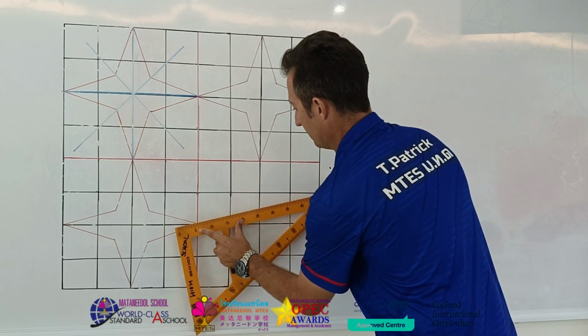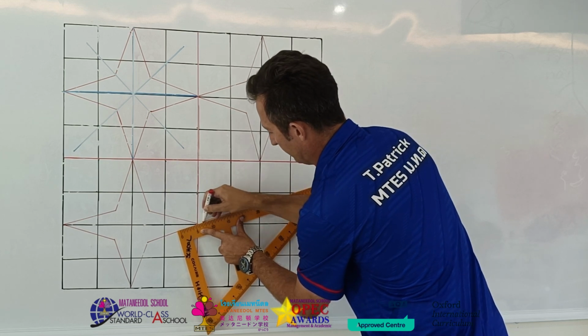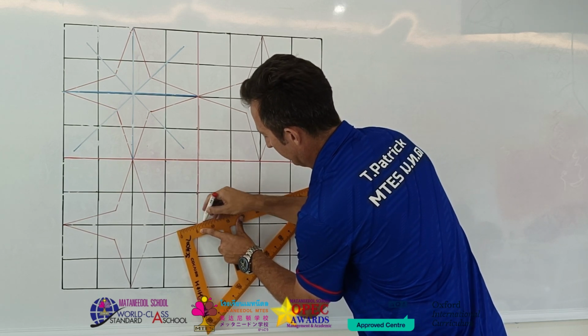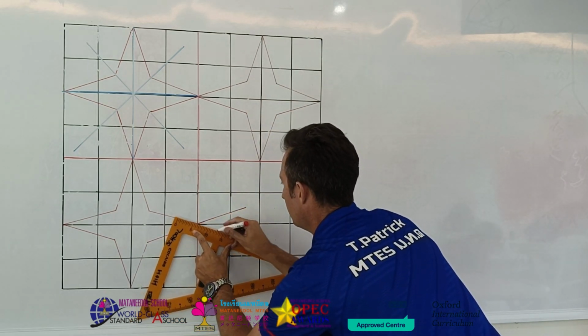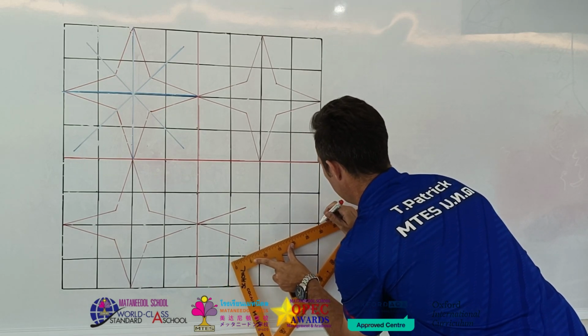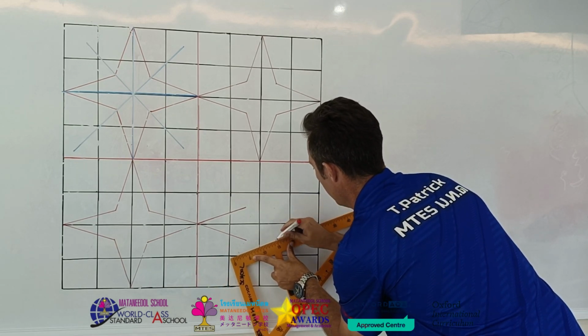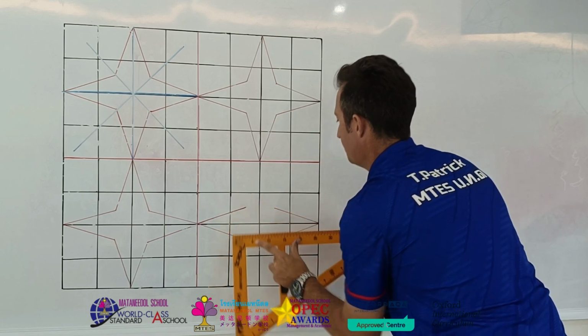Again, all we need to do is make sure we're getting 1.5 blocks, drawing it up into that corner. We are a couple of lines away from getting our shape perfectly symmetrical.